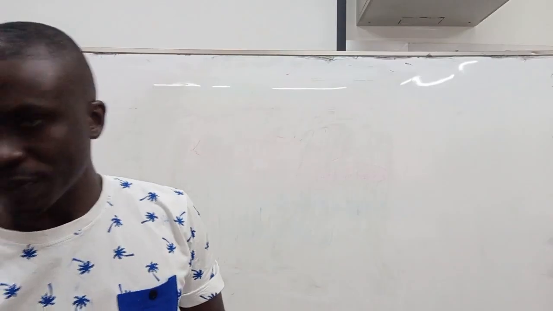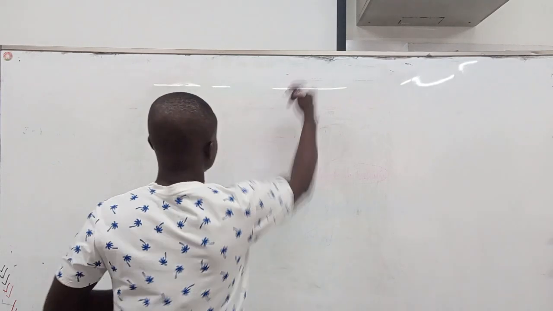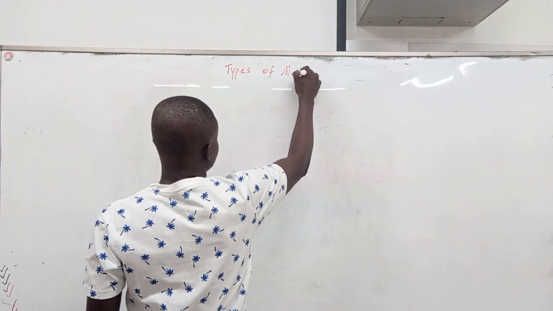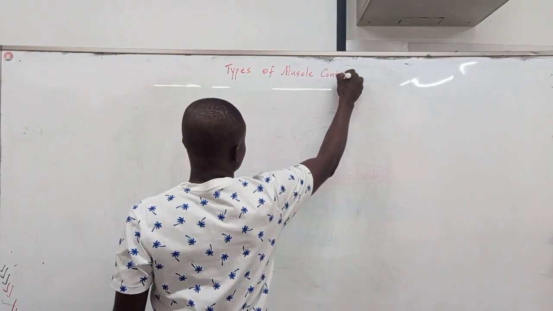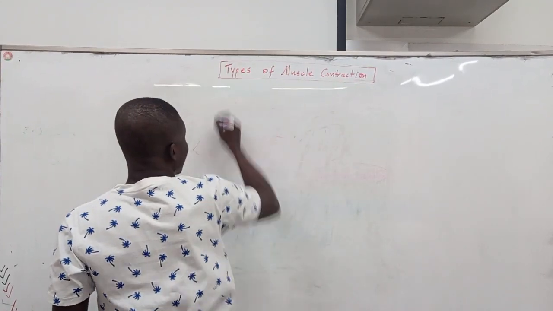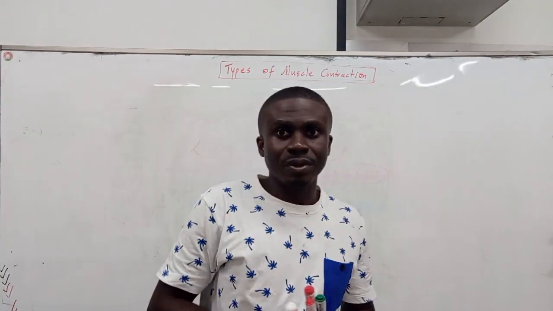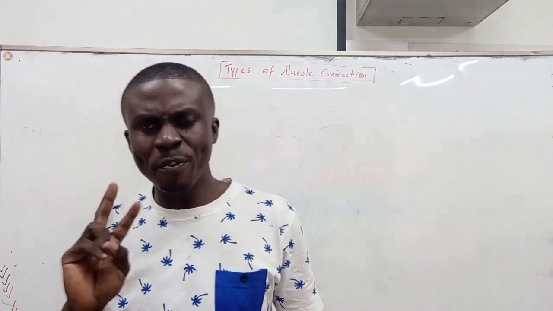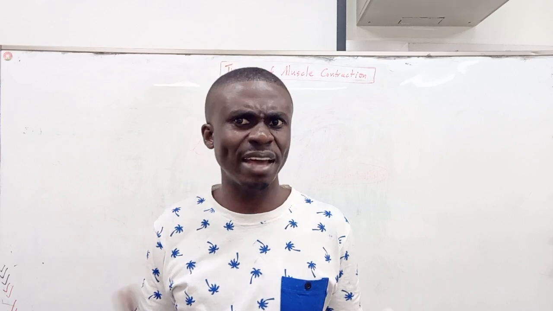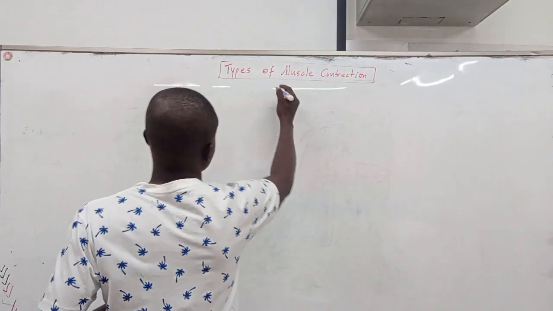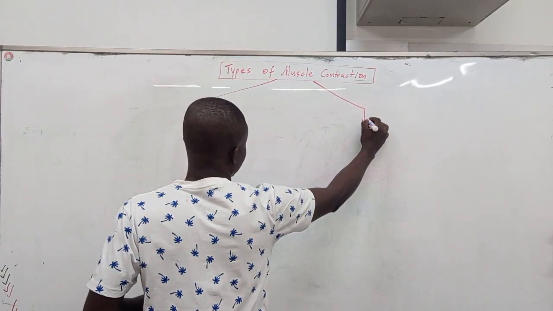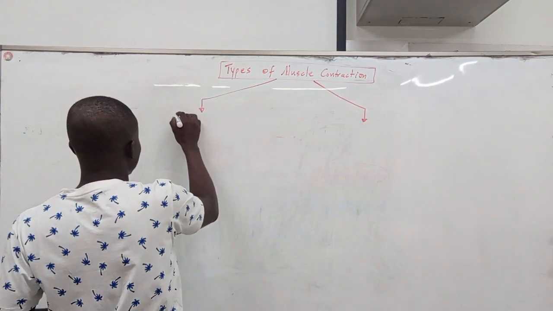Importantly, there are two main kinds of muscle contraction. And what are these two main kinds we are talking about?